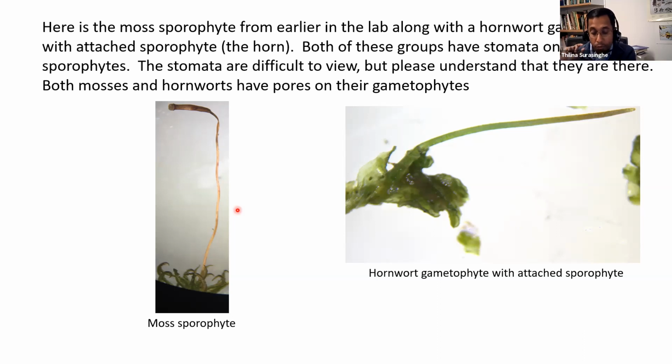But the actual pores, P-O-R-E-S, can occur in the entire gametophyte. And when it goes back to liverworts, they only have pores.